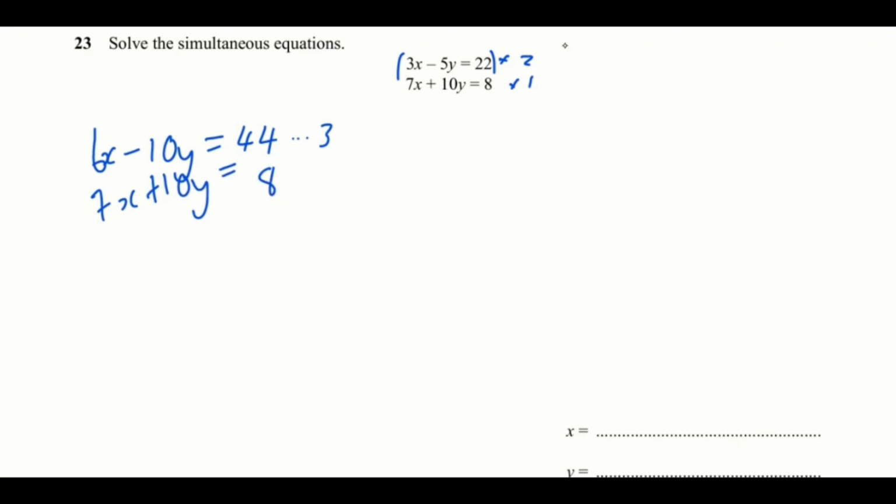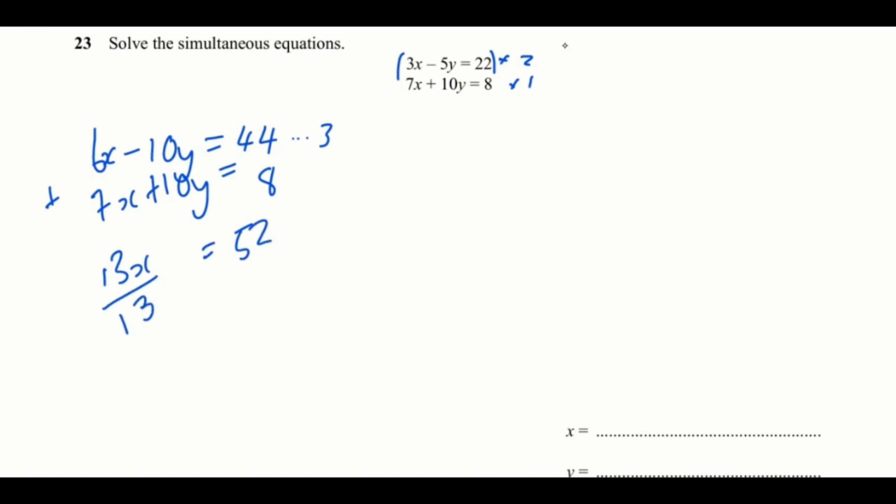So what I need to do now to eliminate this is simply add the equations. If I add, the minus 10y and 10y cancel out each other. So 6 plus 7 is 13x. This one gives us 0. 44 plus 8 gives us 52.